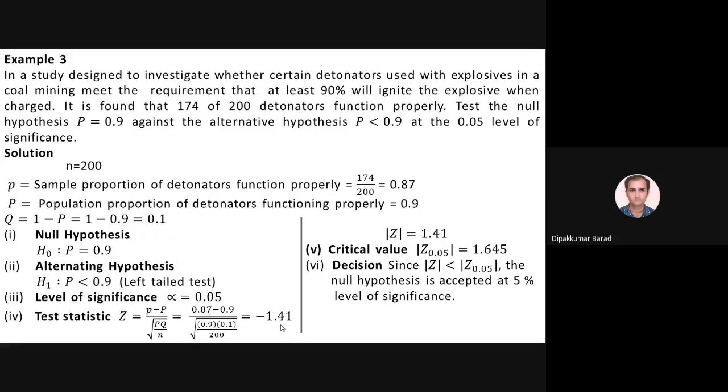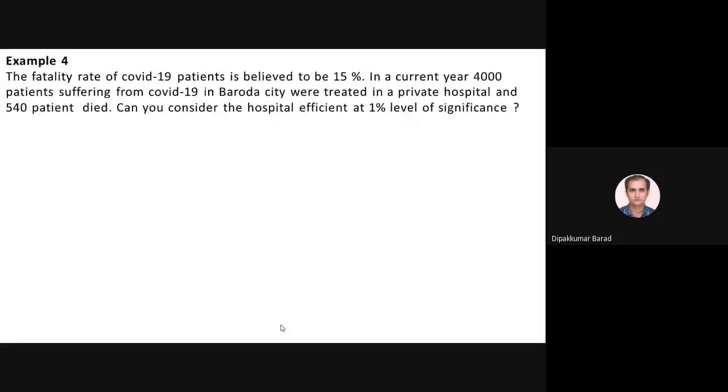Okay, so now we move to the next example. Now see, the fatality rate of COVID-19 patients is believed to be 15%. It means out of 100 patients of COVID-19, 15 patients are going to die.